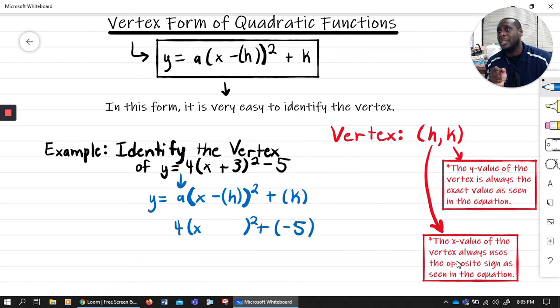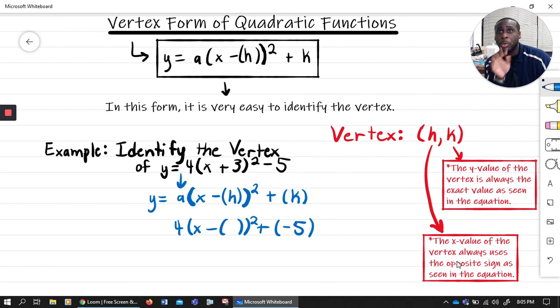Now let's look at the h part, though. So for the h part, I'm going to put something wrong the first time. I'm going to put the wrong value.